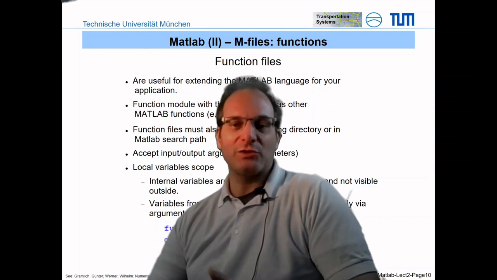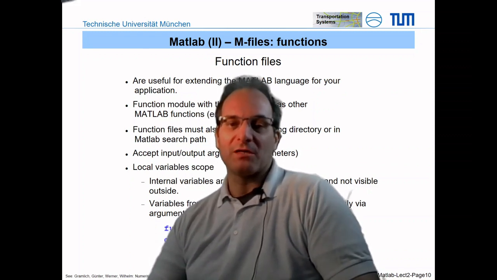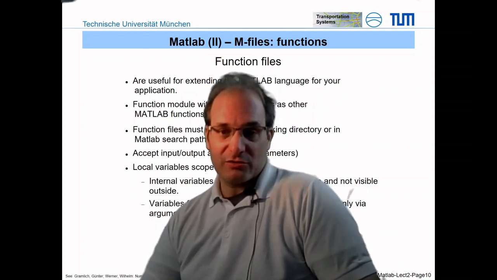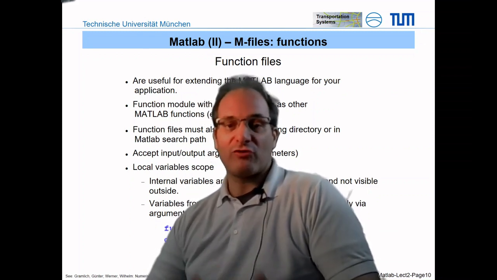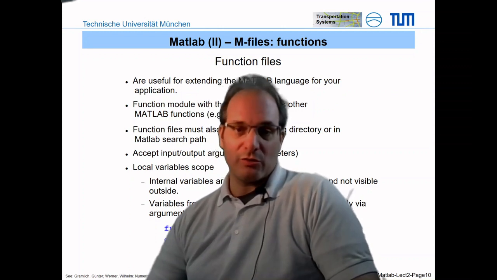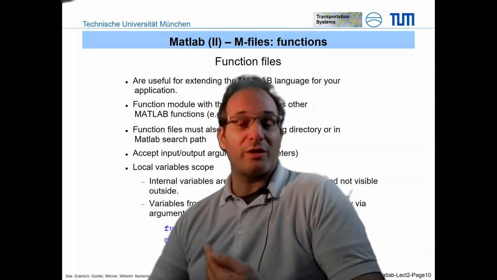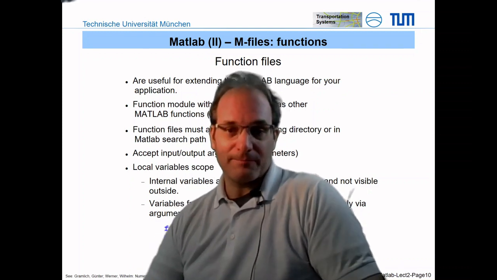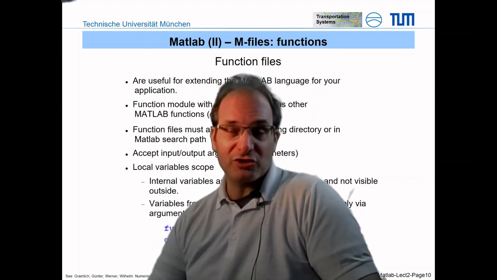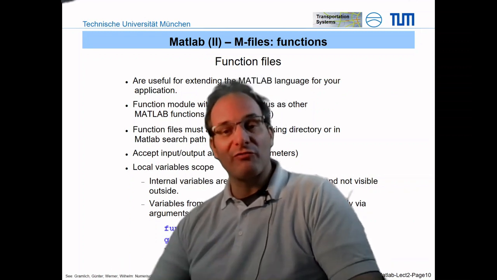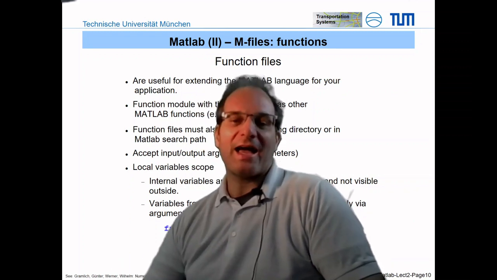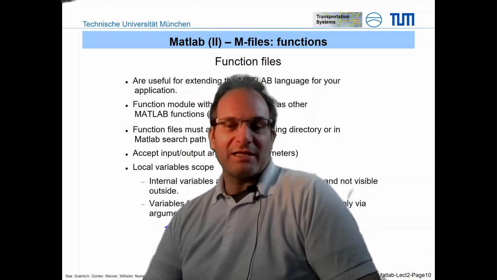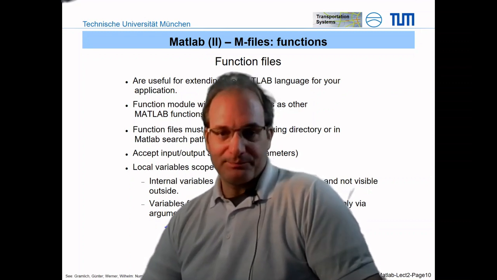So as you know from the previous lessons, you already used these functions. So you used flip, left, right, up, down, zeros, pi, whatever. And now you can extend this with your own functionality, so that you call your own function with your own name, and that this function does a specific, let's say, program part.